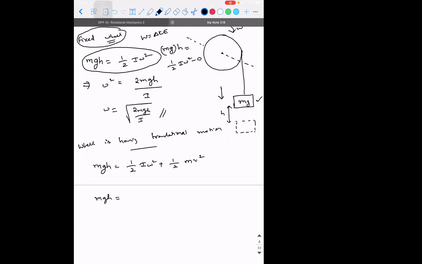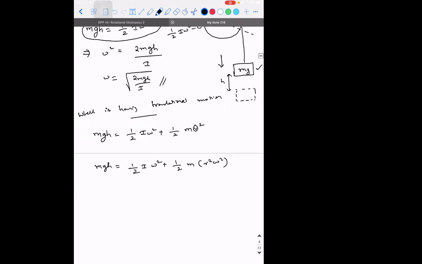So mgh will be equal to half I omega square. In the place of v, I'm going to write it in terms of r omega: half into m into r square omega square. So 2mgh is equal to omega square into (I plus mr square).